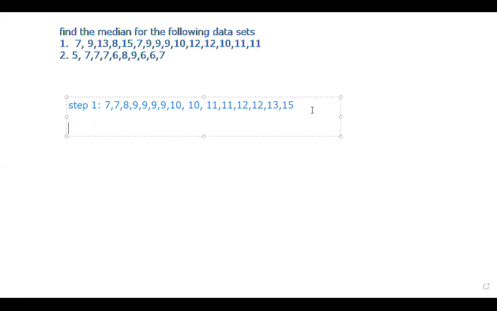Next step. We are looking for the position. So it will be 2/4 into bracket 10 plus 1, which is 5.5.